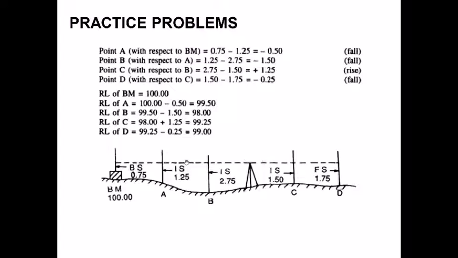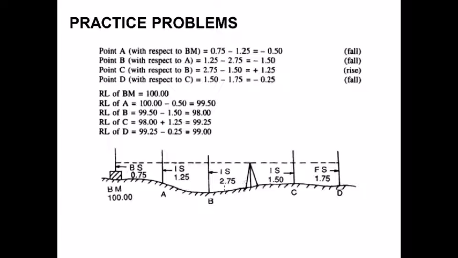Now one reading on the same point, which is again 1.25, because we haven't shifted the instrument or changed its height. And on the point B, the reading is 2.75. When you subtract, again the answer is negative 1.5. That means there is a fall. From the reduced level of the point A, 99.5, you subtract the fall and you get the reduced level of the point B. Similarly, you move to the next point. The point B becomes your reference benchmark.